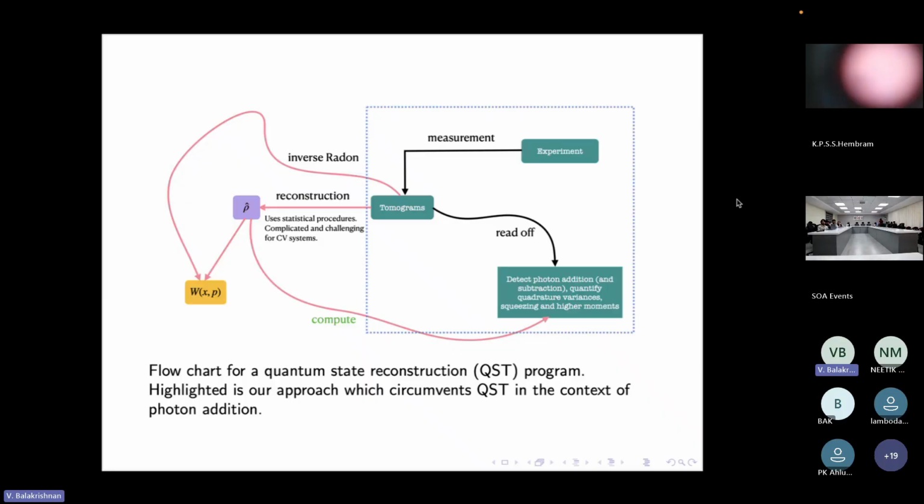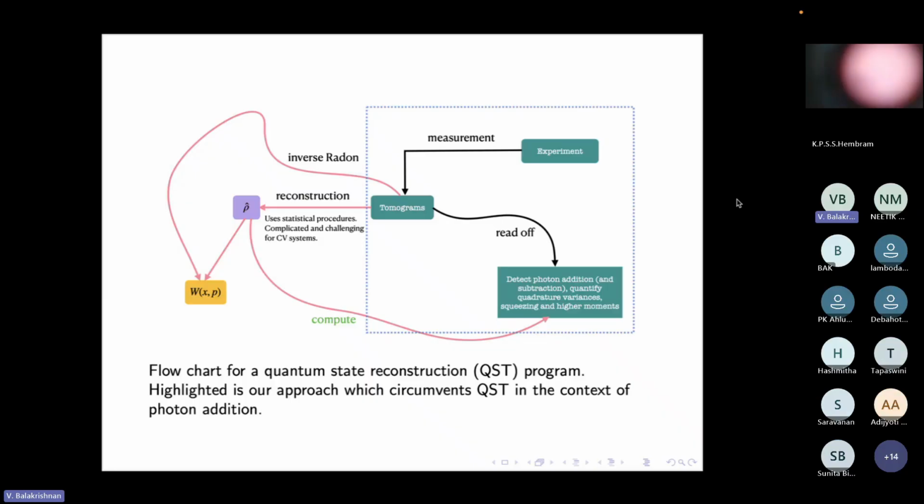Recently, people have been using a lot of machine learning for reconstructing the density matrix from the tomogram. The problem is this: if the Hilbert space of the system concerned is infinite dimensional, the errors during the reconstruction program would also increase.